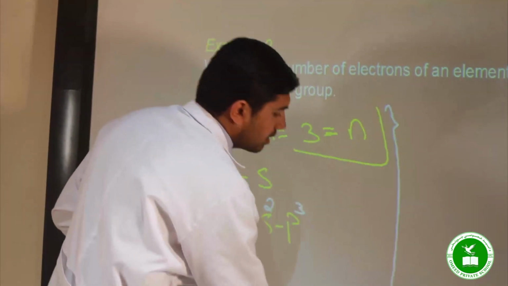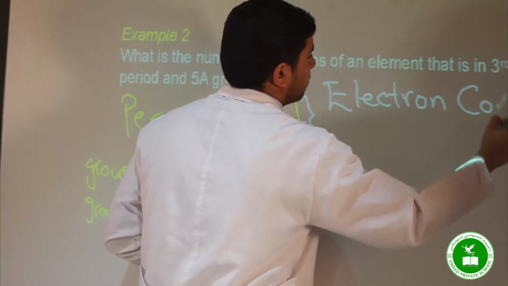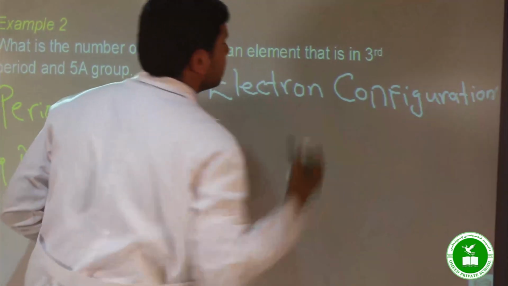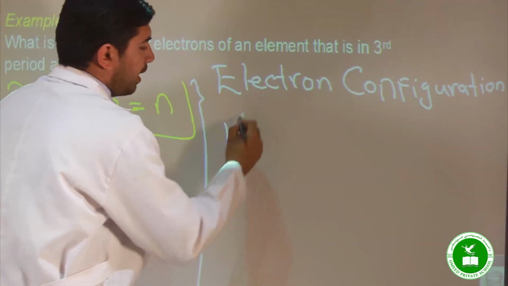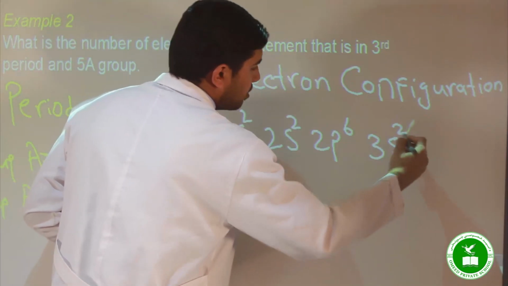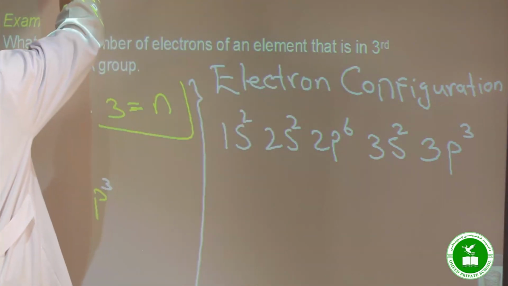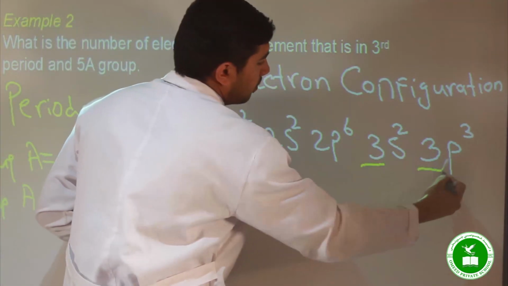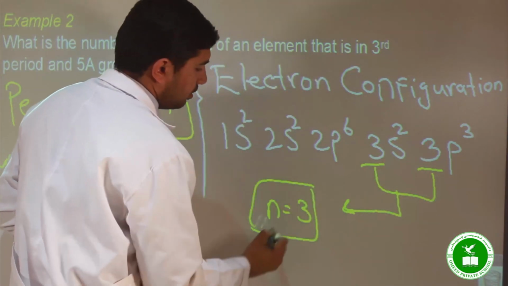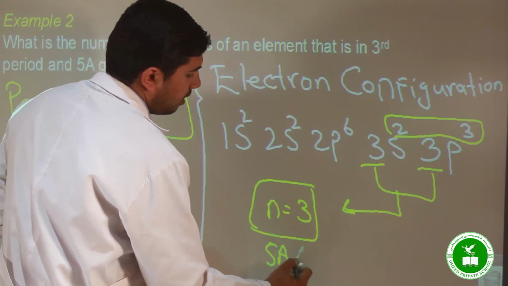Let's write the electron configuration. 1s2, 2s2, 2p6, 3s2, 3p3. It's our n, which was 3, and 2 plus 3 is 5A group.